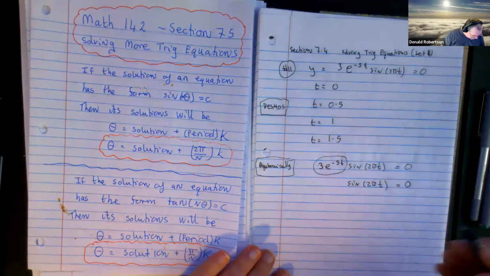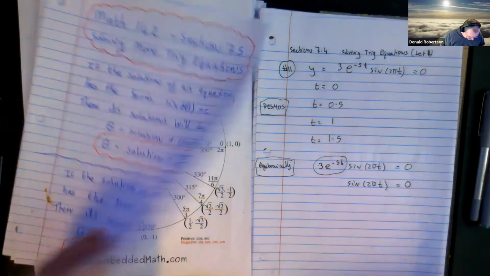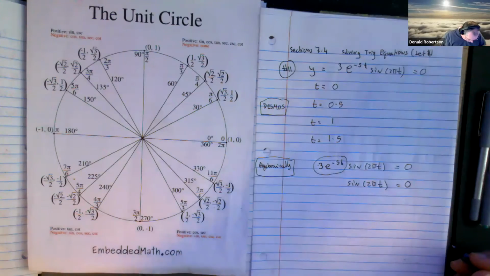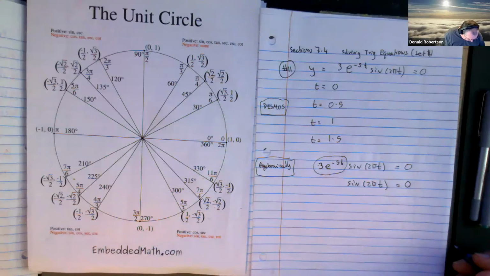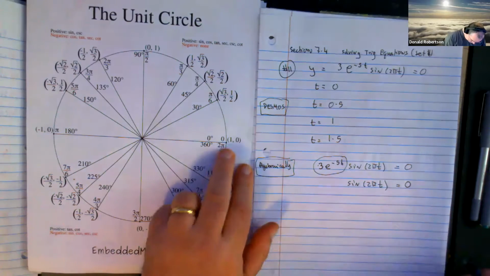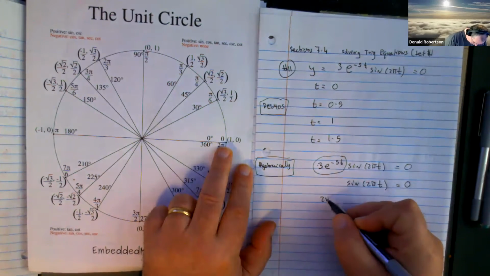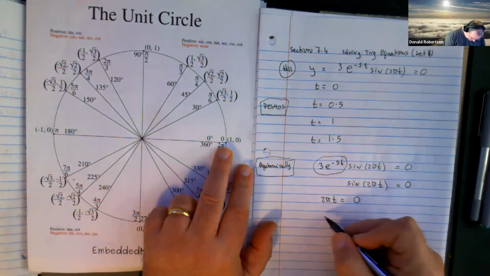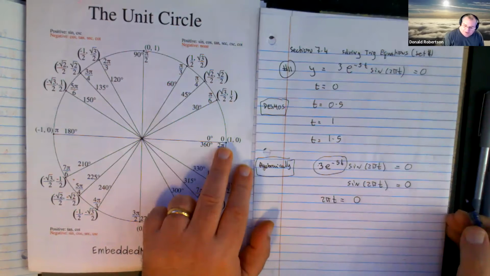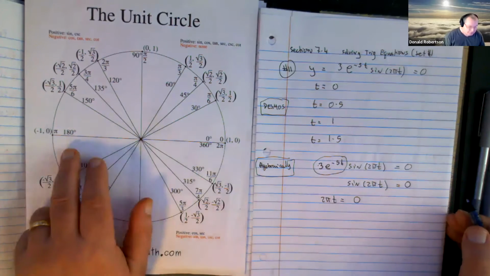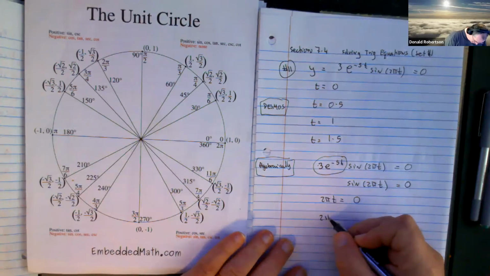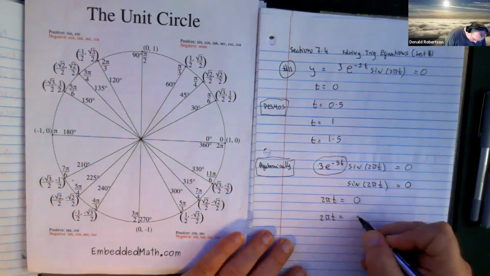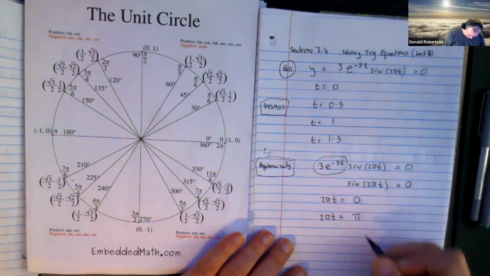And if you get your unit circle and you look for when the y coordinate is equal to 0, you'll get the answer 0. So far, so good. And if you look for another value, it happens at pi.